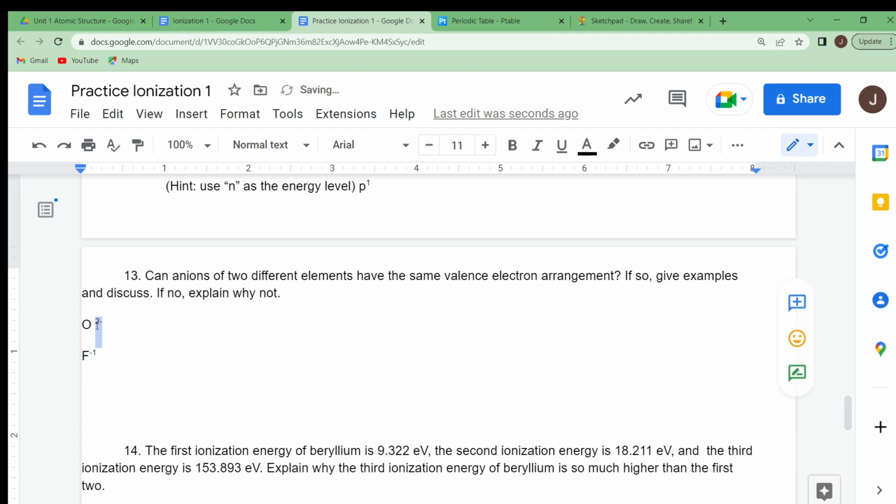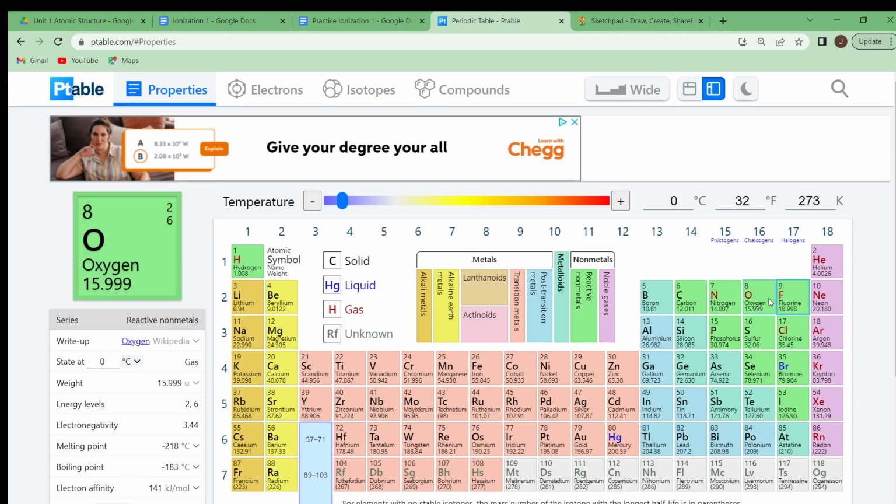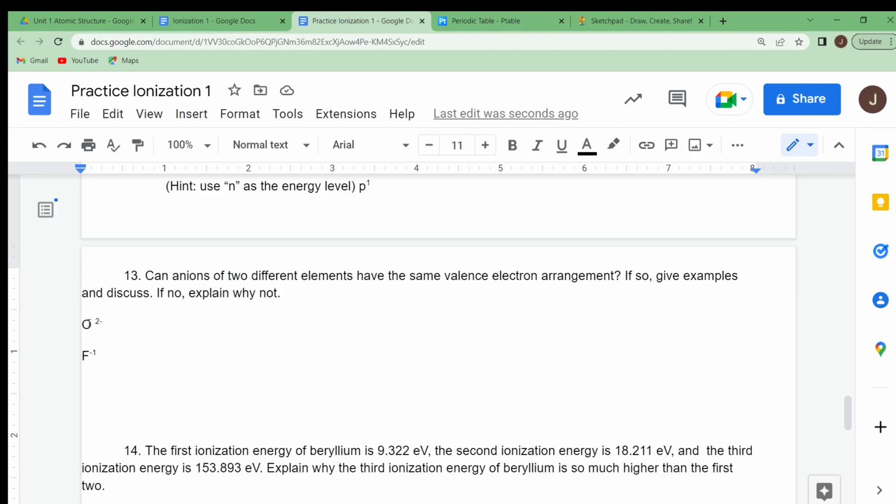Now, oxygen as an element has 8 electrons normally, okay? But this one here has 2 minus. So it would be 1s2, 2s2, okay? And we would normally have it be 2p4, okay? So this is oxygen's normal valence electron shell.